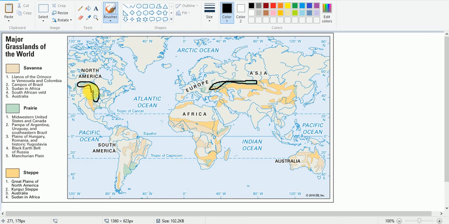Here in North America it is known as prairie. In Eurasia it is known as steppe. In Australia it is known as downs, and in Argentina it is known as pampas. And in South Africa it is known as veld.